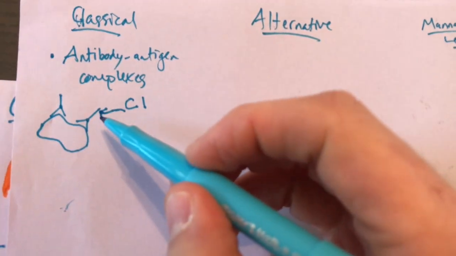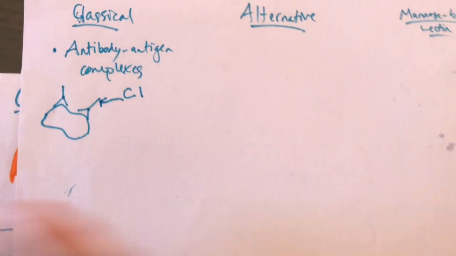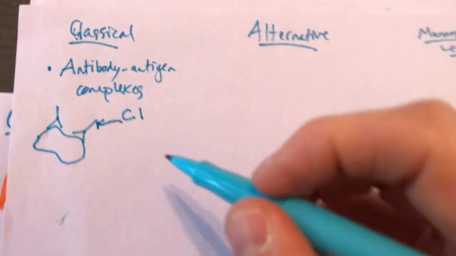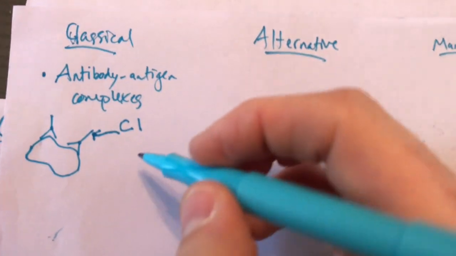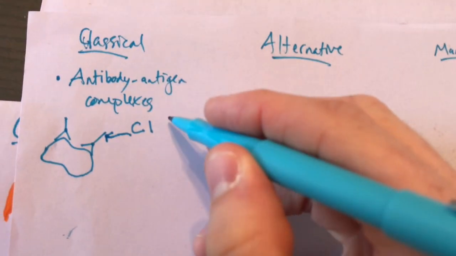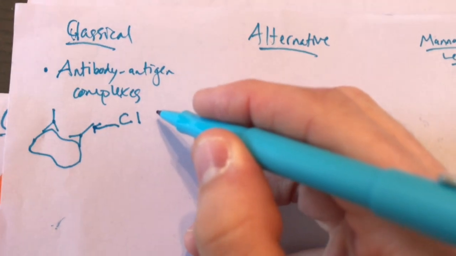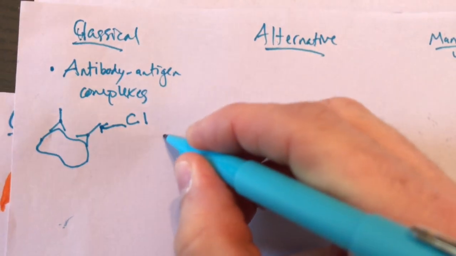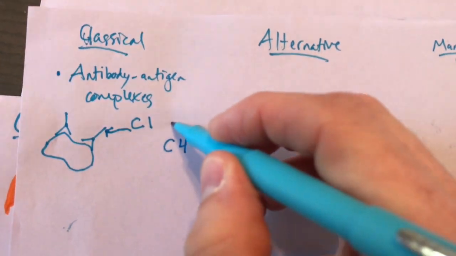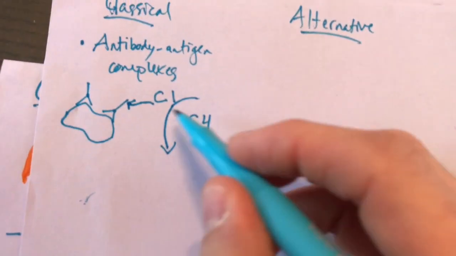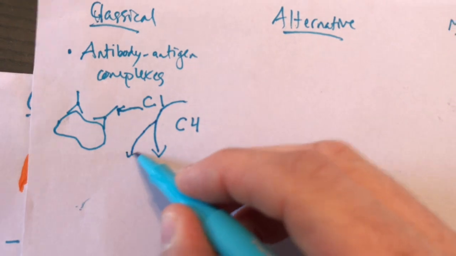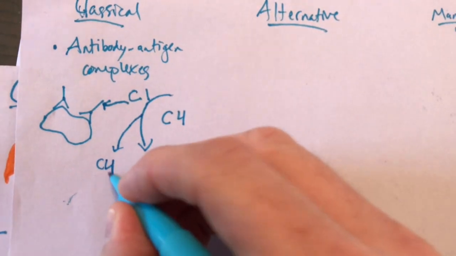So if C1 binds to the constant region of the antibody on the antigen complex, this will promote and cleave a protein called C4, and that will cleave it into two separate proteins. So it'll be C4A and C4B.